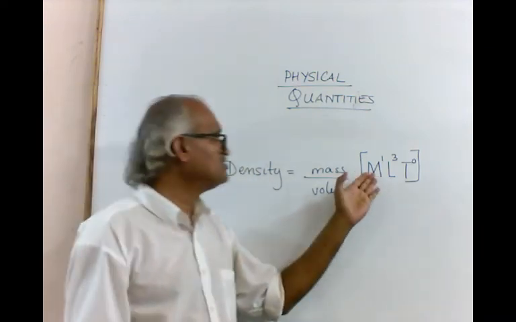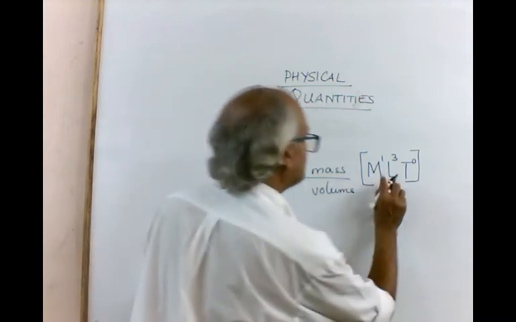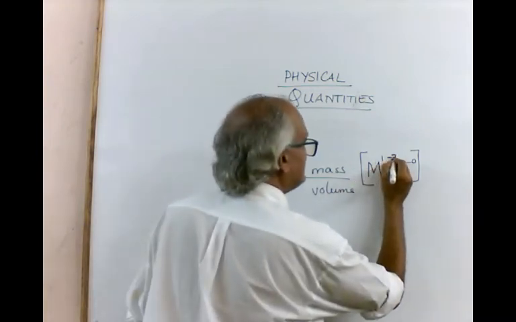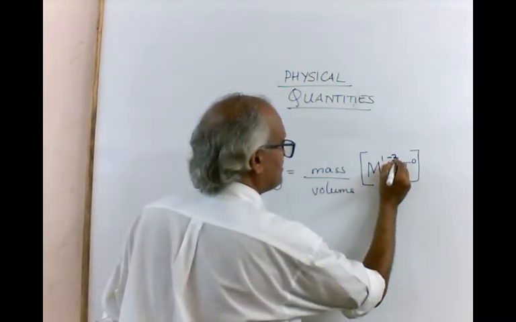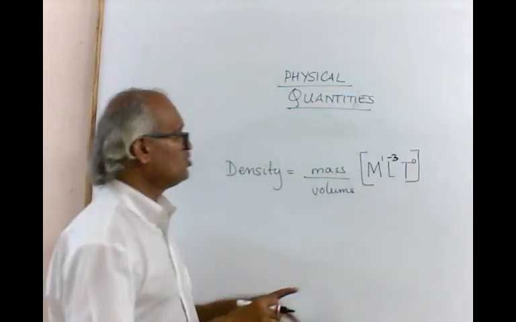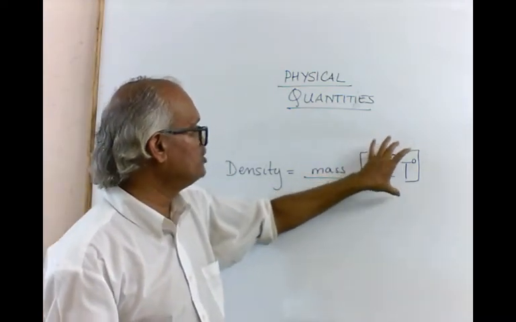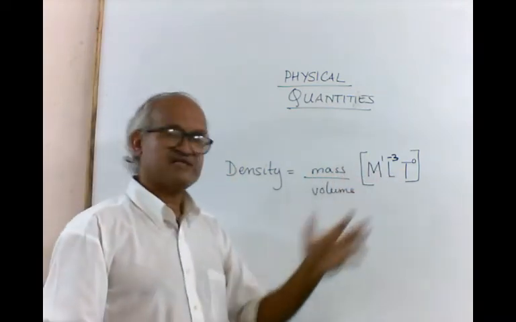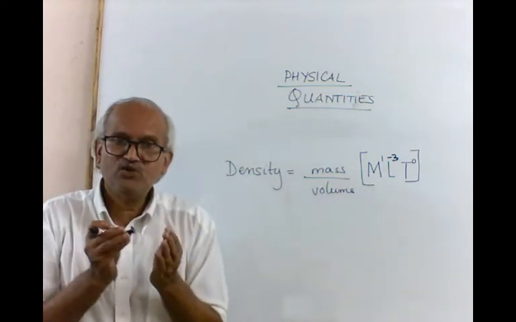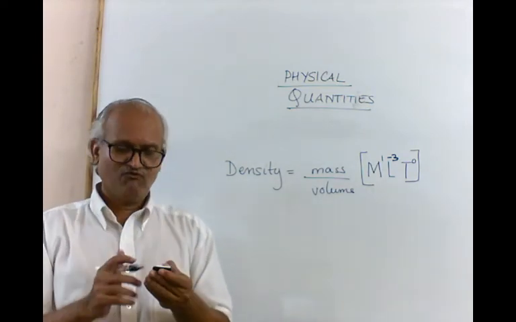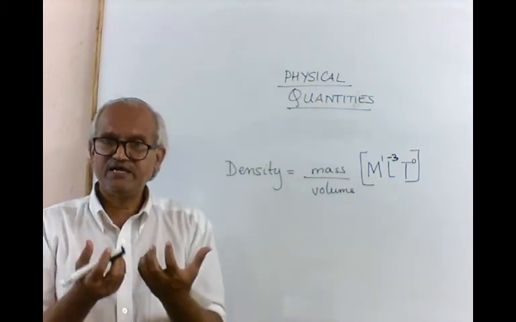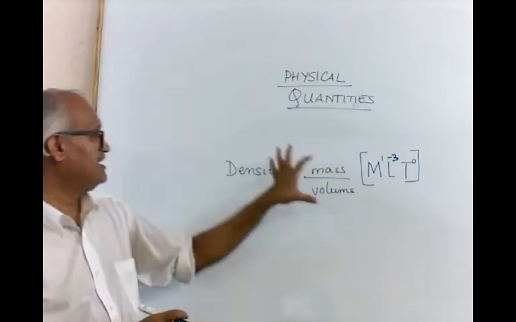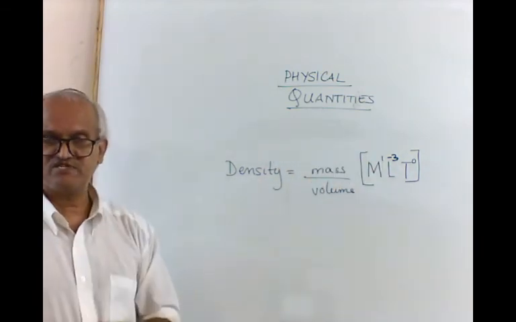Density is something to do with mass upon volume. Sorry, this 3 of mine is not 3, it should be -3, please excuse this error. This L is raised to -3 because volume is below, so it comes up, so m1, L -3. So it is a measure of mass upon volume. This idea comes by looking at the dimension. In the same way, by analyzing the constituent units, the fundamental units of different derived units, a scientist gets a better idea, he gets a feel of what that quantity is about, and that is why dimensions are important to understand the different physical quantities.